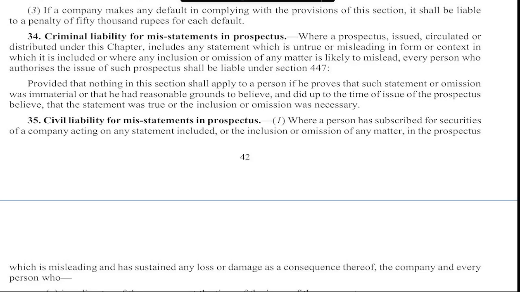This is a case law called Rex versus Kilsent. One very popular case law found in your study material. R-E-X, Rex versus Kilsent, K-Y-L-S-A-N-T. That's the case law name. In that case law, there is a company.